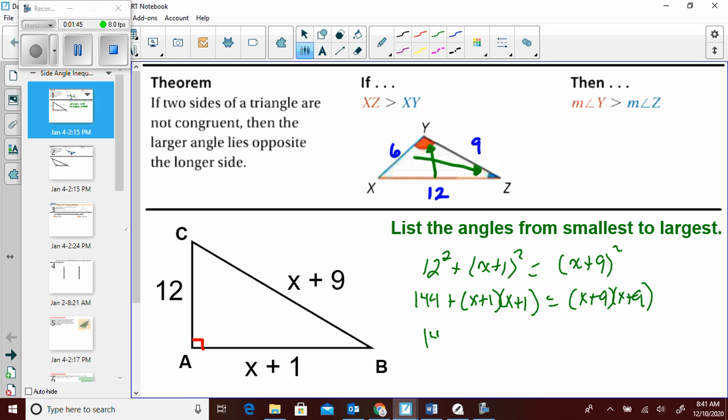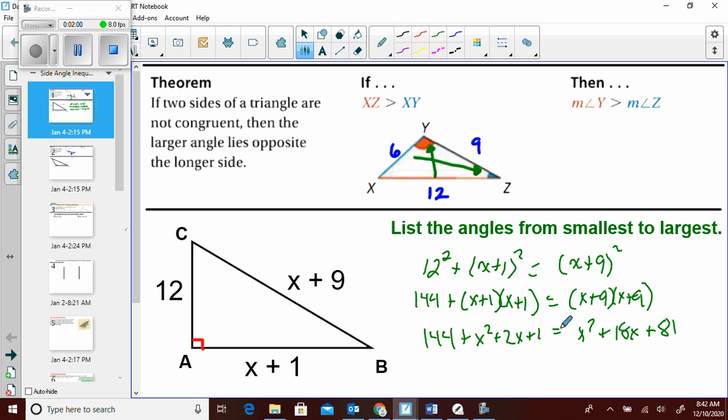So I get 144 plus x squared plus 2x plus 1 is x squared plus 18x plus 81.